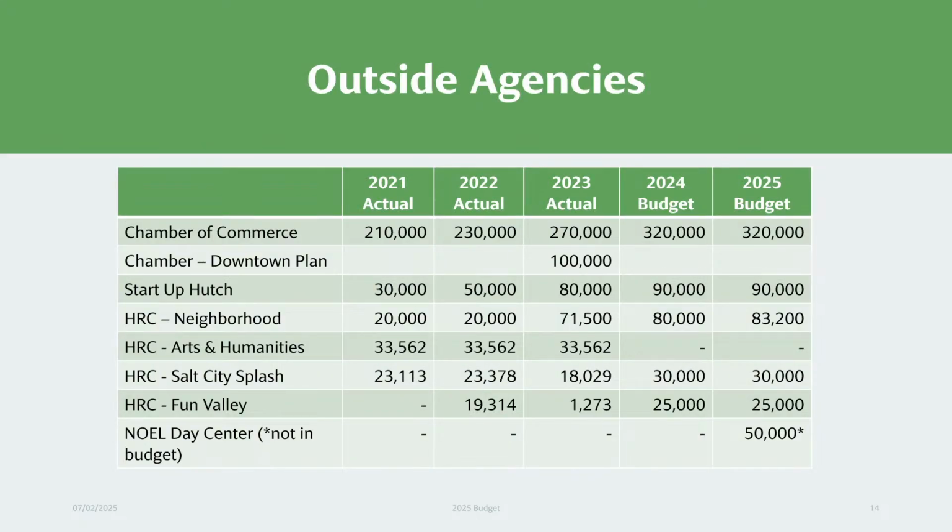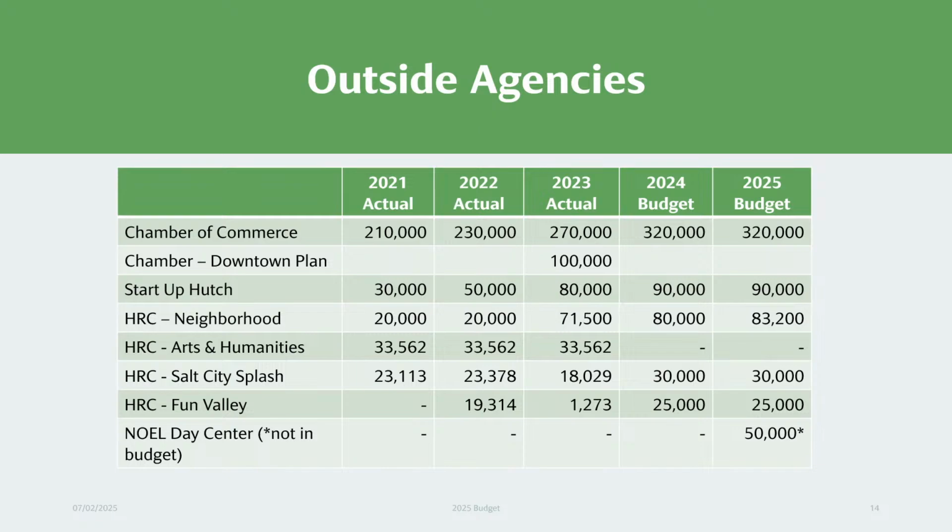Also, again, we'll talk about this next council meeting, but here's what we have been providing to outside agencies between 21 and then what is proposed or what they've requested in the 2025 budget. So you can see how the Chamber of Commerce has increased. We've increased Startup Hutch, the neighborhood programs for the Hutch Rec.